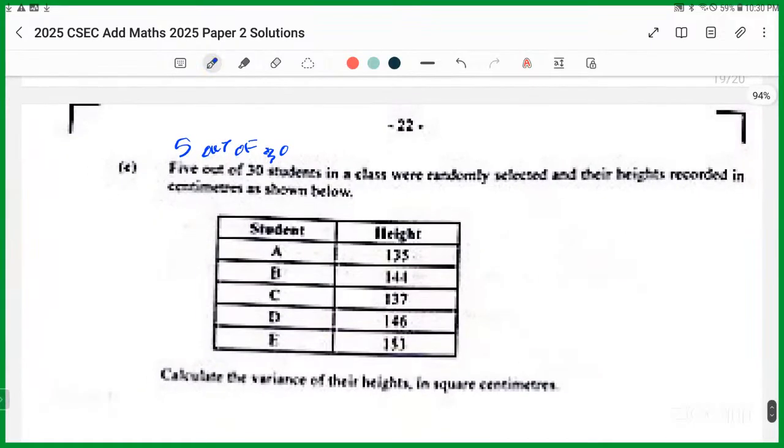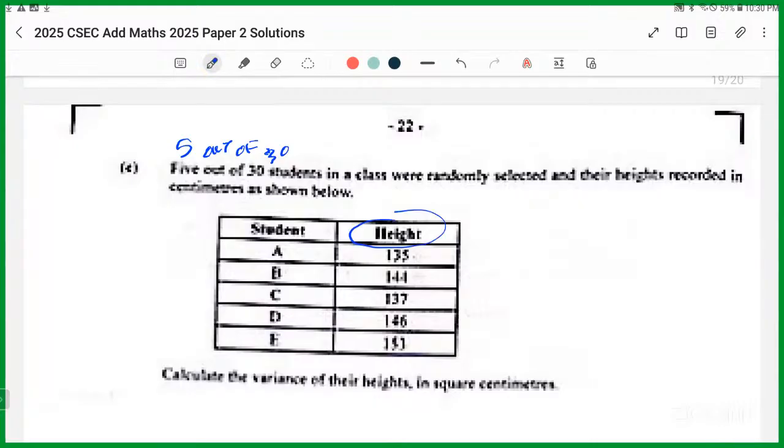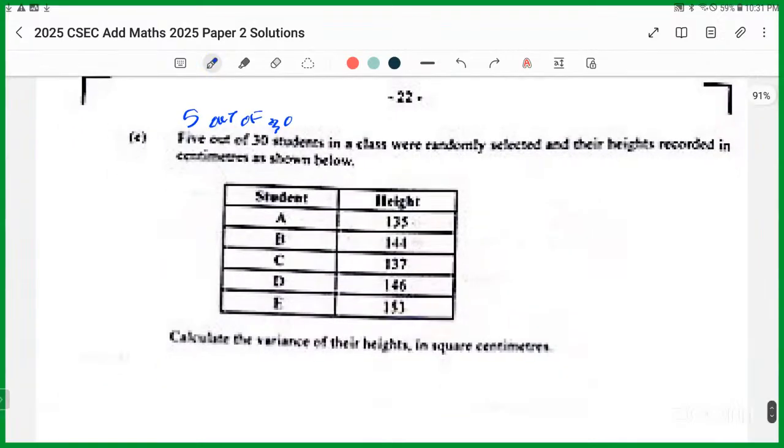Students in a class were randomly selected and their heights recorded in centimeters. These are the heights in centimeters. These are the students, A, B, C, and D. They took a sample out of a class, so the whole population of the class is 30. We're taking a sample, so this is sample statistics, not population statistics. It says calculate the variance of their height.